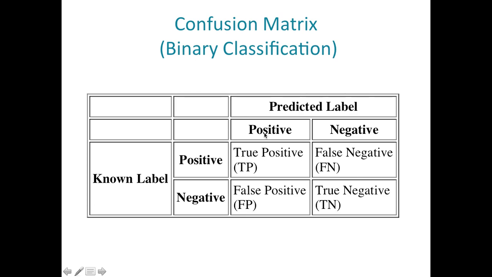Whenever we predict something as positive, but in reality that's negative, that's a false positive, okay? Whenever our classifier predicts something as negative, but it's actually positive, it's a false negative. And then if it predicts it as negative, and it's a negative, and the ground truth label is negative, it's called true negative. Okay, remember again that this is the setting for a binary classification.